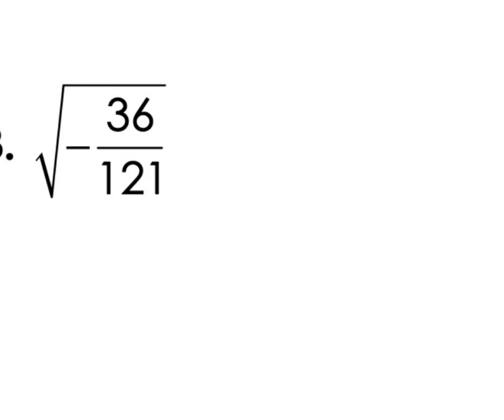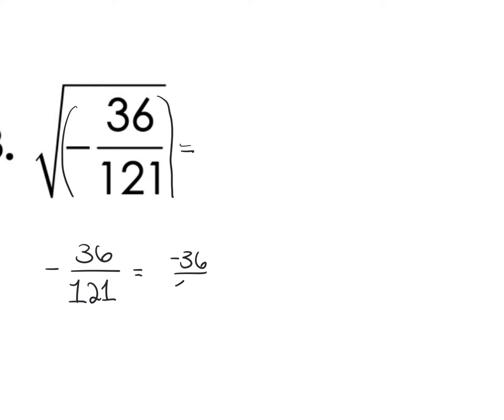Okay, so here we have the square root of negative 36 over 121. So this is technically in parentheses, and it's really the same thing, because negative 36 over 121 is the same as 36 over negative 121.